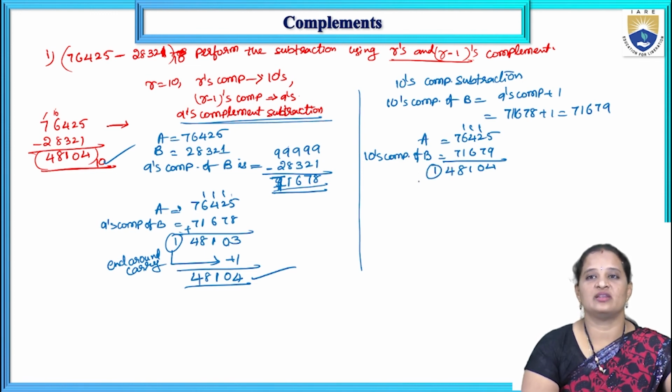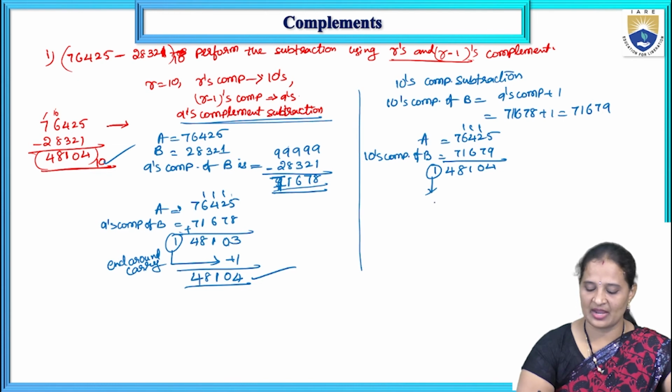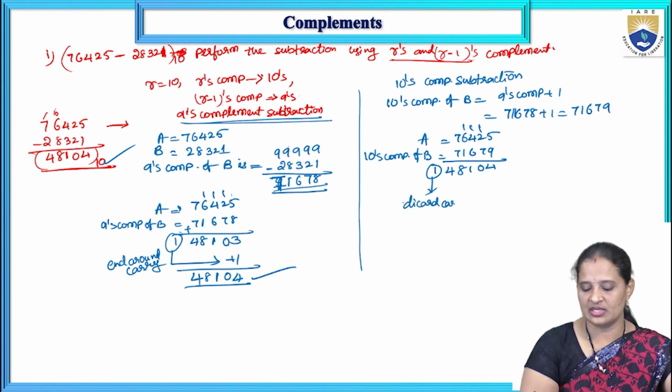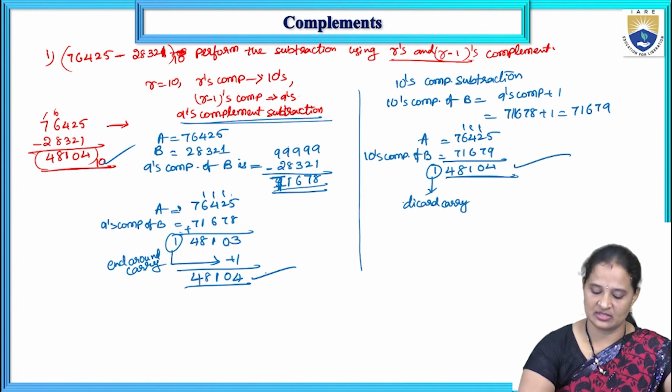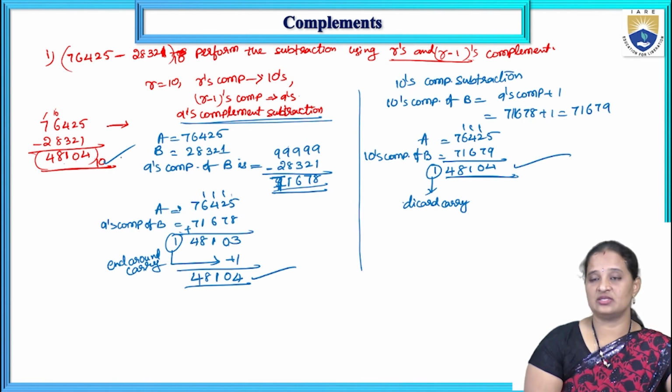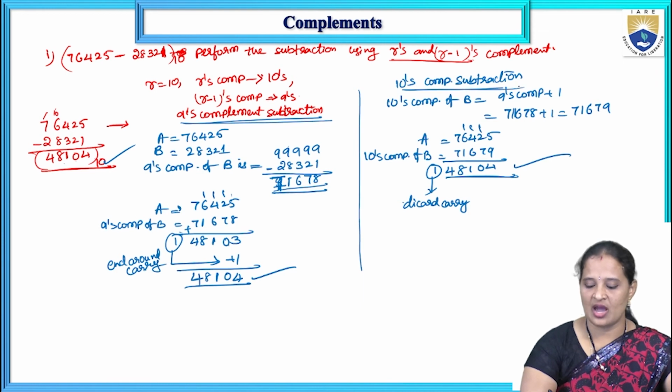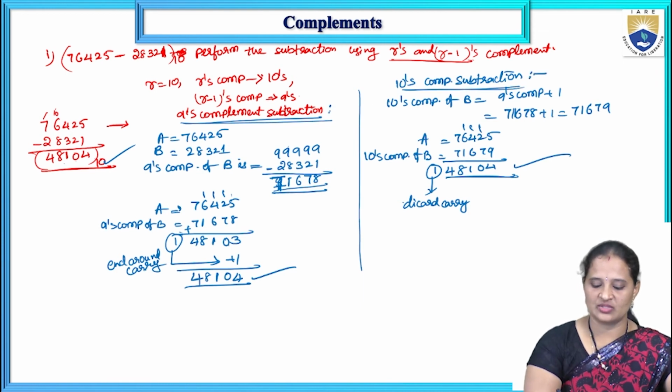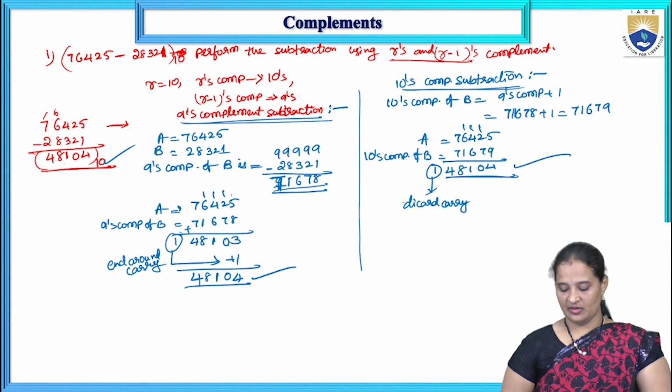In case of tens complement subtraction, if we have a carry, just discard the carry and the result is considered to be positive. So this is the result. In all the cases 48104 is the answer. This is the way of performing the subtraction using R's complement and R minus 1's complement. I hope it is clear.